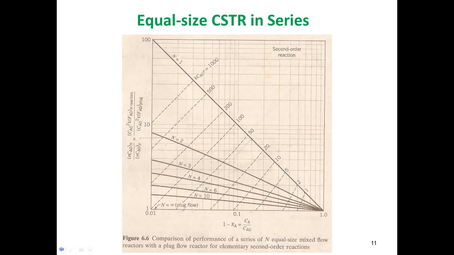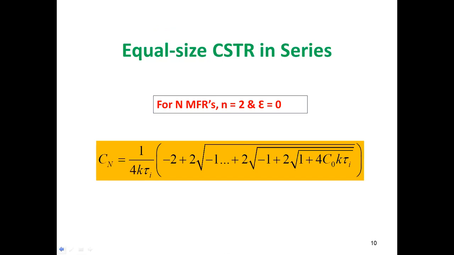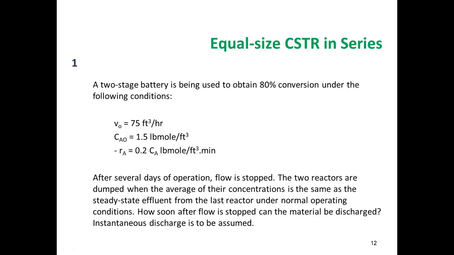Anyway, in the sample problems that I will be discussing in a little while, you would all be using the analytical approach, meaning we go back to the formulas that were suggested in our general reference book, which is Levenspiel.